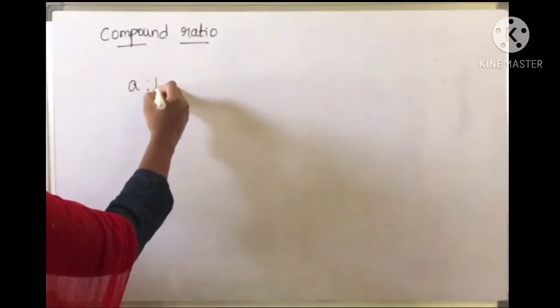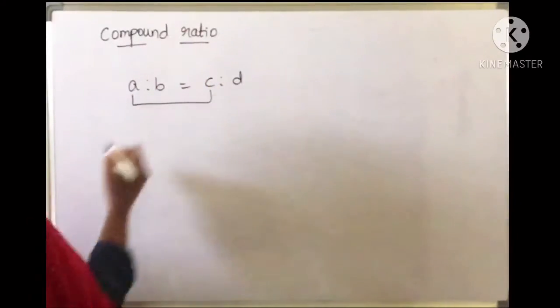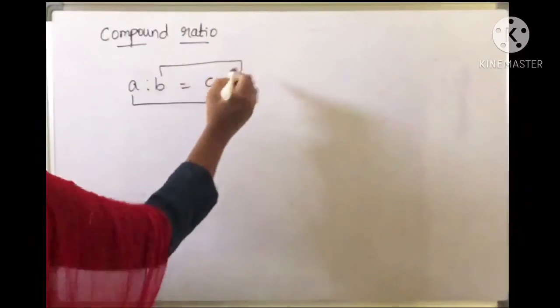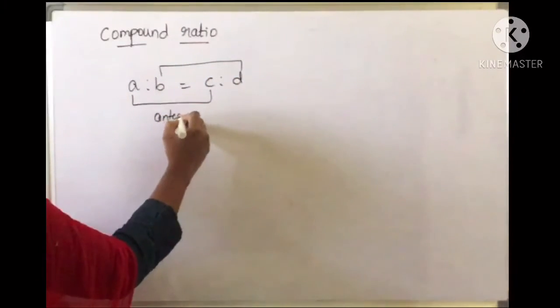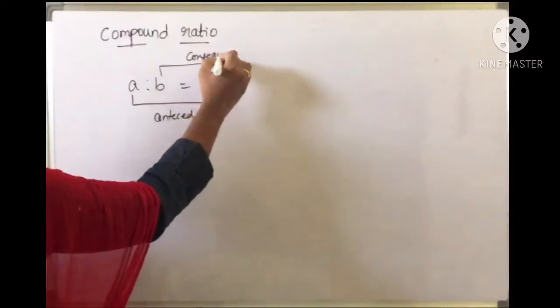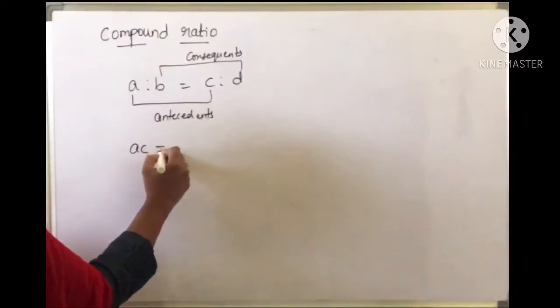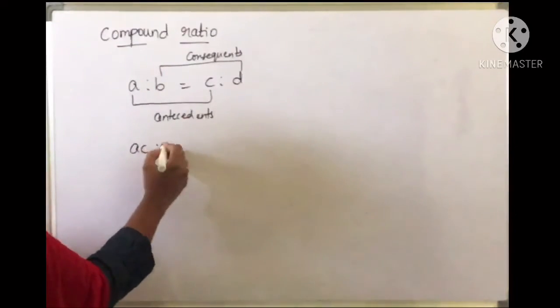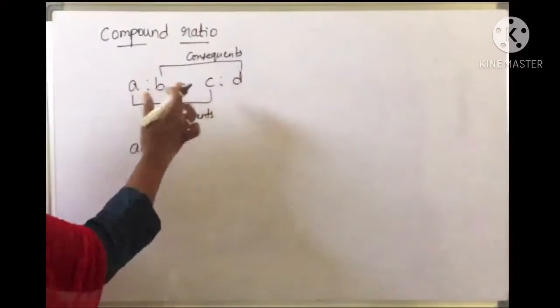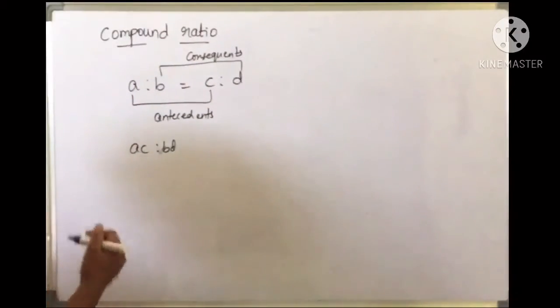Suppose A is to B and C is to D. Here are the product of the antecedents and the product of the consequents. These are the antecedents and these are the consequents. So AC is to BD is the compound ratio of these two ratios, A is to B and C is to D.